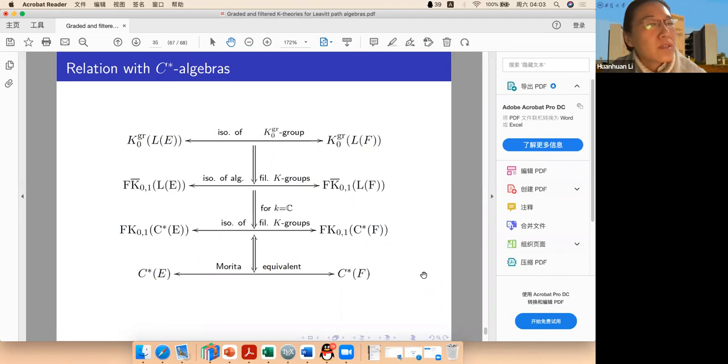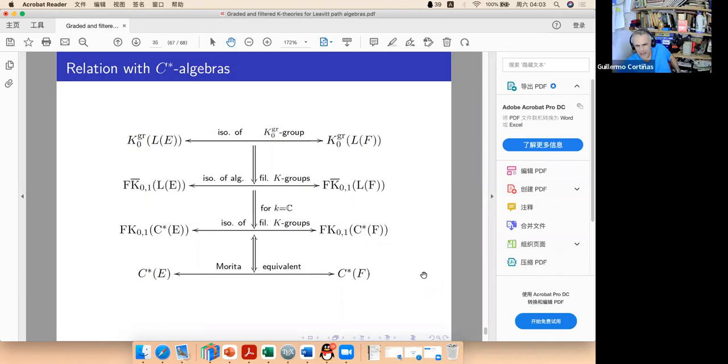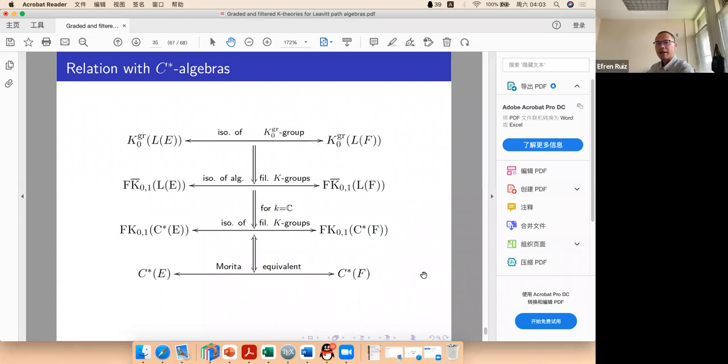For flow equivalence, you want to compare Leavitt path algebras, right? I mean, doesn't the flow part have to do with the isomorphisms preserving the diagonal? Yes, that's correct.